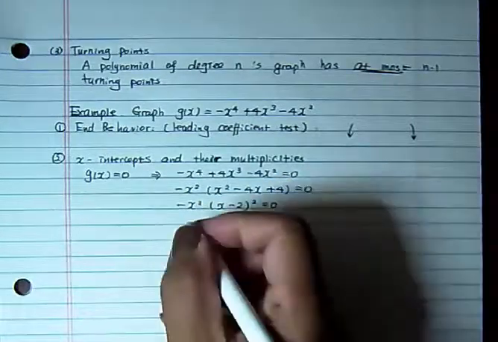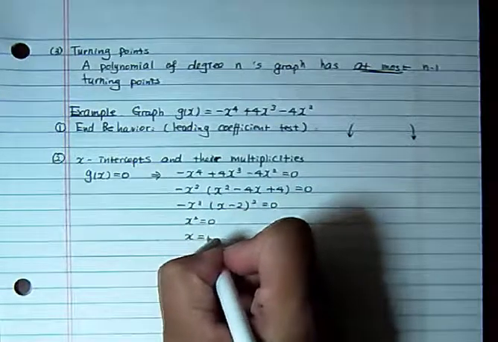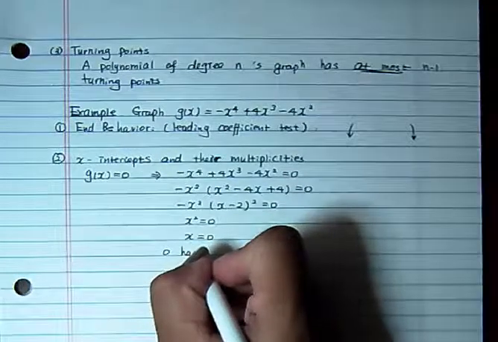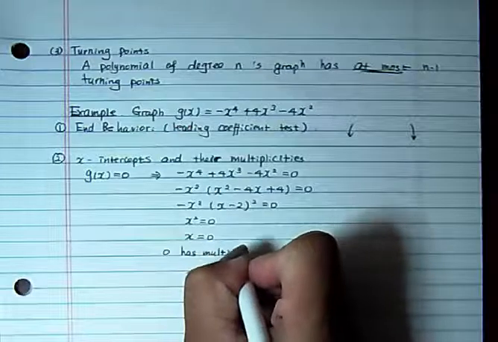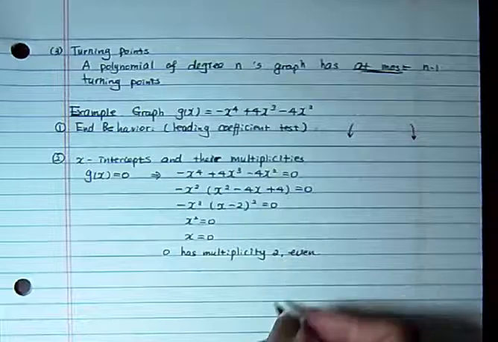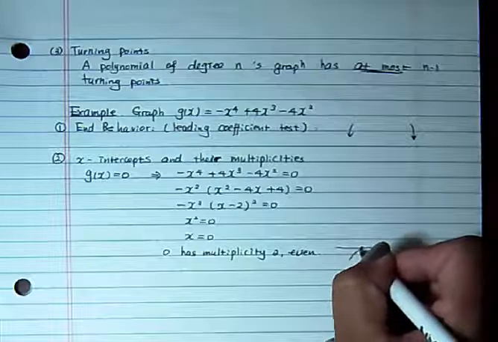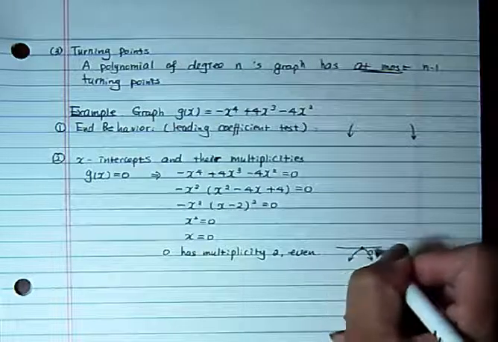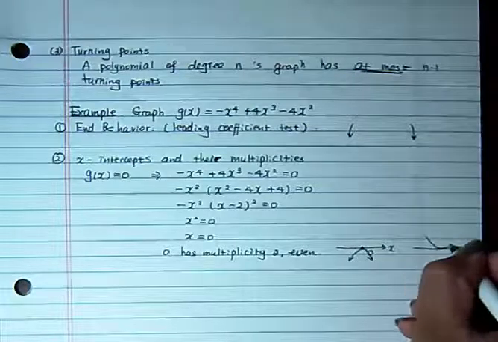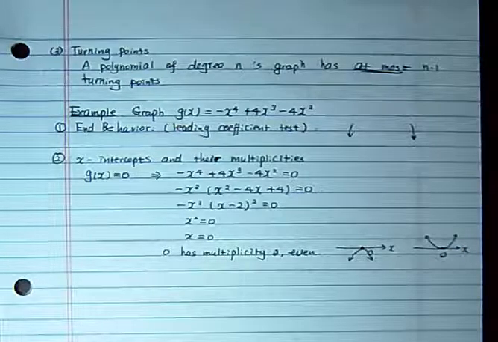So in here, you set x squared equals 0, and you found x equals 0. That one zero has multiplicity 2, which is even. So that means your graph, if this is 0, maybe touches and goes around this way, this is the x-axis, or maybe touches from above. So that's what x equals 0 meant.